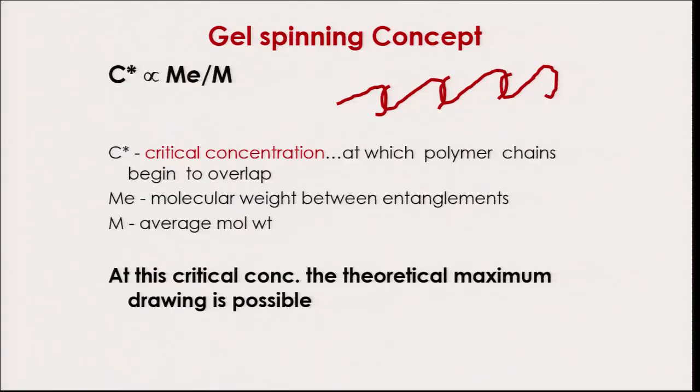At this critical concentration, we are able to draw it theoretically to the maximum possible degree. Am I clear? Do you all understand what critical concentration means? So, that means we need to play around with the critical concentration to control the entanglements.